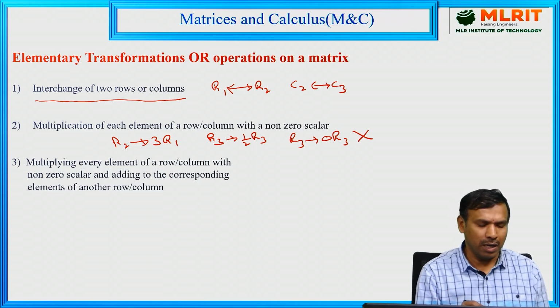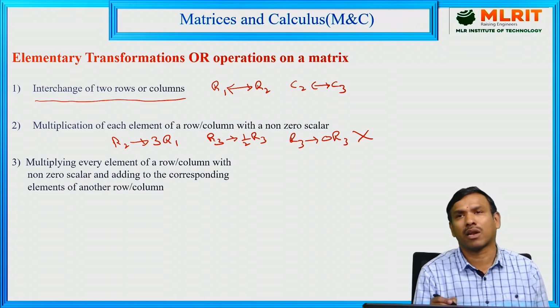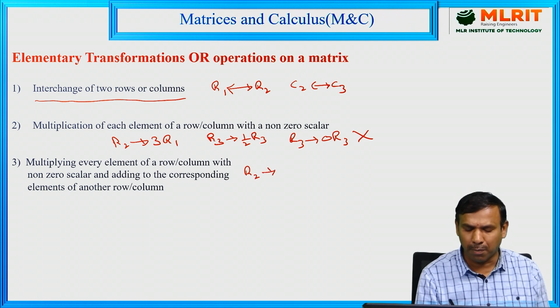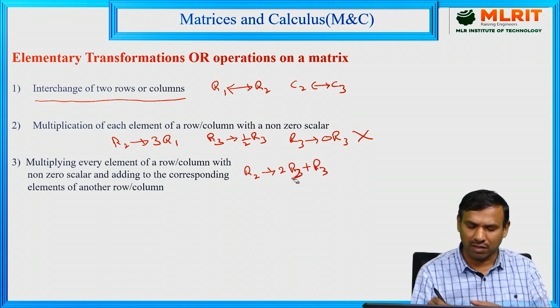Next, after multiplying every element of a row or column with a non-zero scalar, we can add it to the corresponding elements of another row or column. Look and see. Suppose R2 is multiplied by a non-zero scalar 2, giving 2R2, and it is added to the corresponding elements of another row, R3.